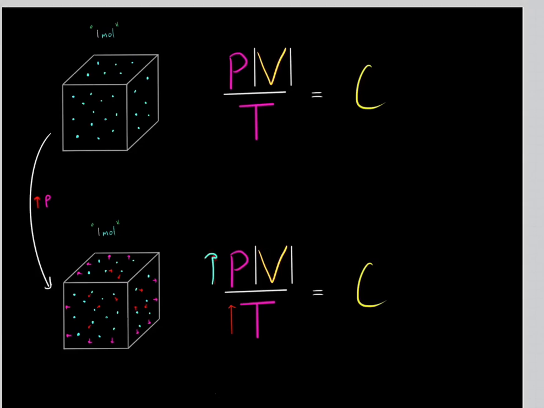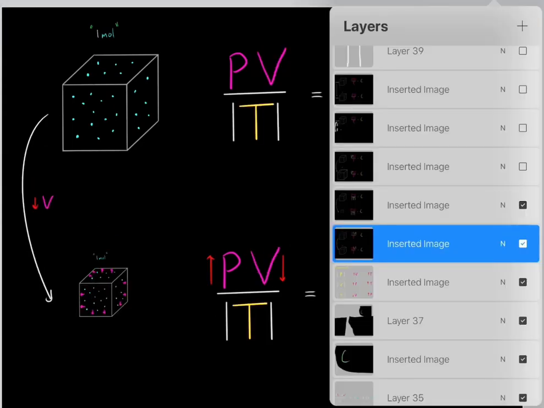If we increased the pressure and kept the temperature the same, then this constant would increase, and that doesn't make sense because this side is a constant. So if you increase the pressure, the only way to allow this ratio to remain constant is by increasing the temperature.